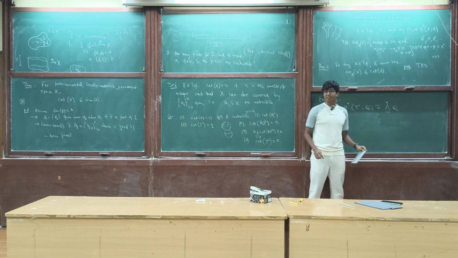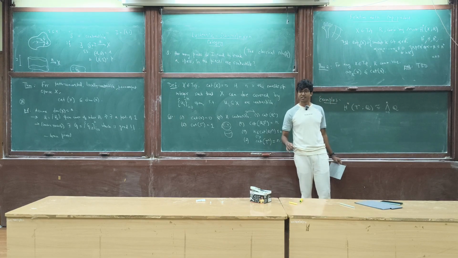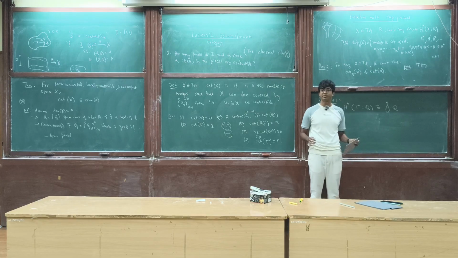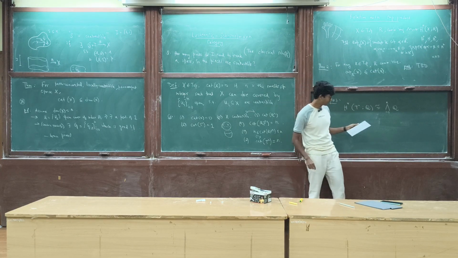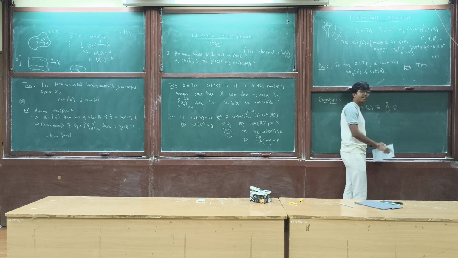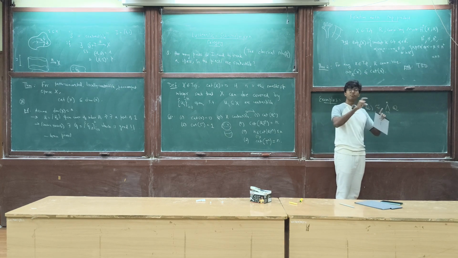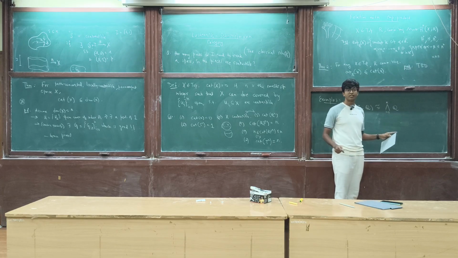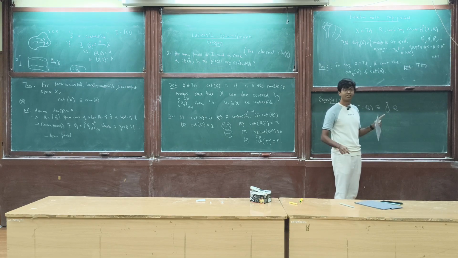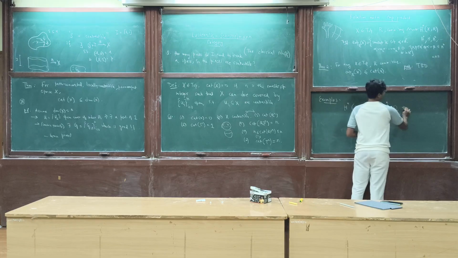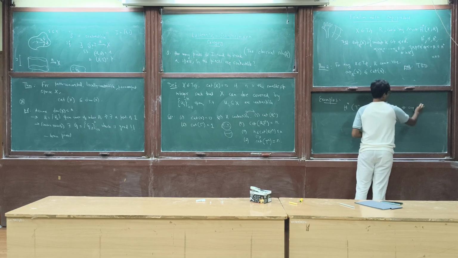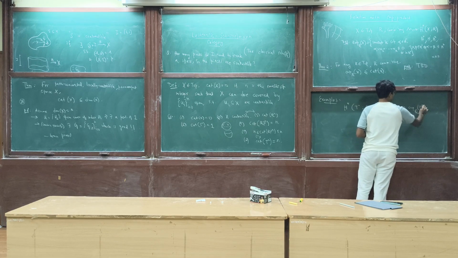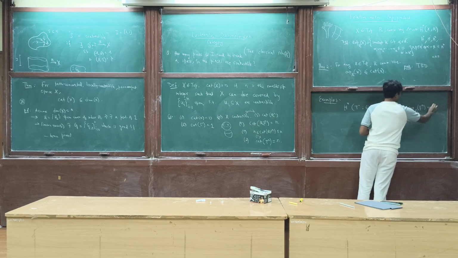The point is, this is generated by n elements, and the maximum cup product here is also of length n. So we know that the cup length of the n torus is equal to n.